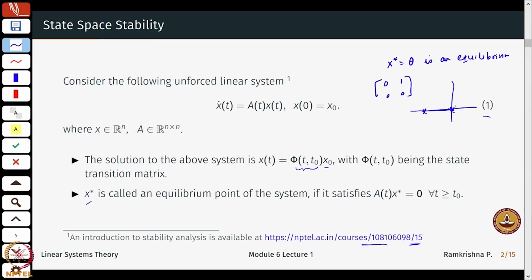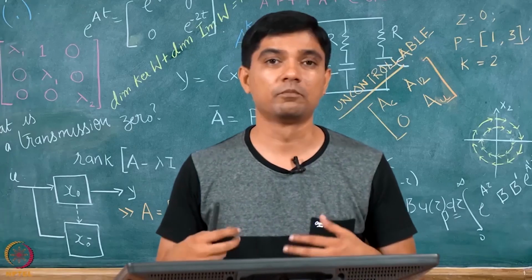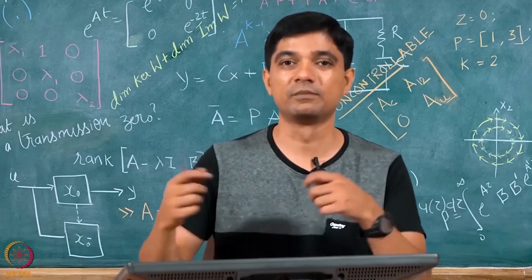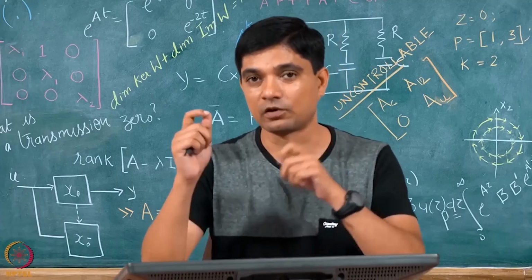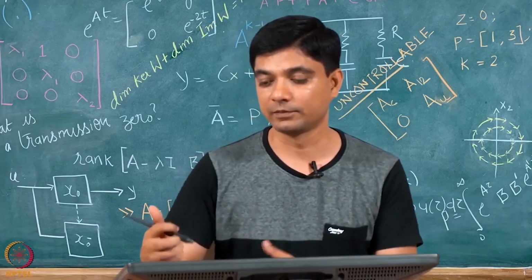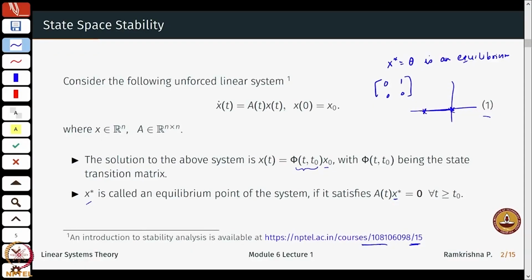We will just generally denote the notion of equilibrium as x star, and mostly we will deal with the origin. Even if the origin is not the equilibrium, you can change the coordinates or shift the origin. This is slightly different from the nonlinear case, where we possibly will not have an equilibrium subspace, but isolated equilibrium points, say an equilibrium point here, here, and so on.